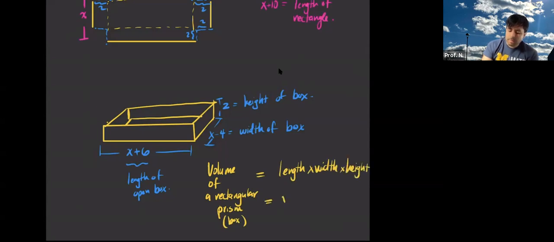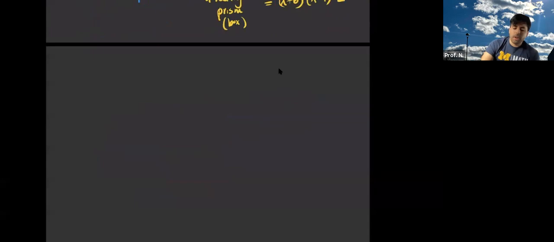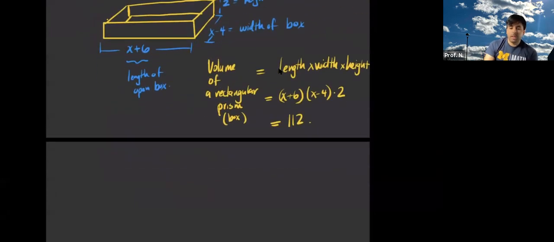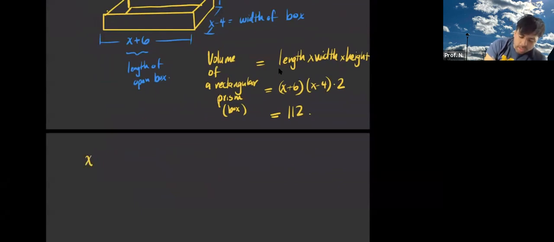What's the length? X plus 6. What's the width? X minus 4. And what's the height? Times 2. And what does the volume equal? It has to equal 112. So look what I have. I have this equation: x plus 6 multiplied by x minus 4 times 2 equals 112.